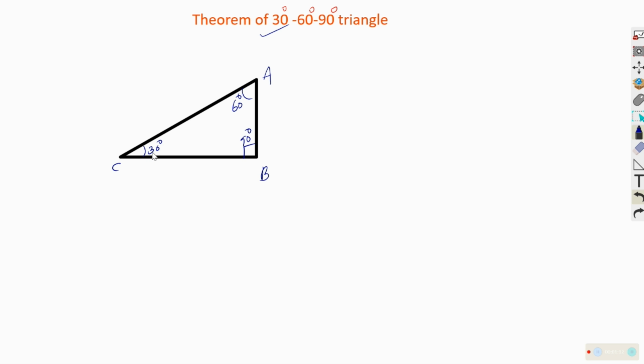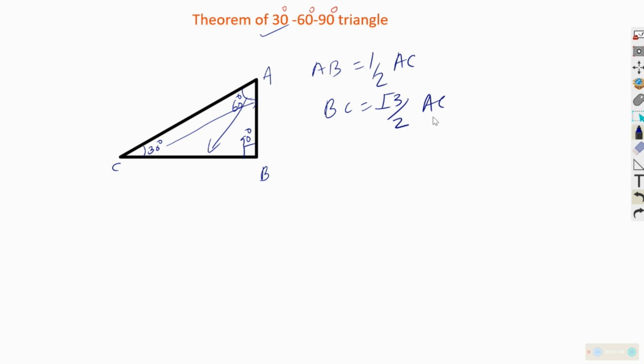In such a triangle, we studied that the side opposite to 30 degree, that is this side AB, the measure of AB is half of the hypotenuse, that is AC. This is what we concluded in the chapter. Also, the side opposite to 60 degree, which is named BC here, is equal to root 3 upon 2 of the hypotenuse. This is what you studied there.